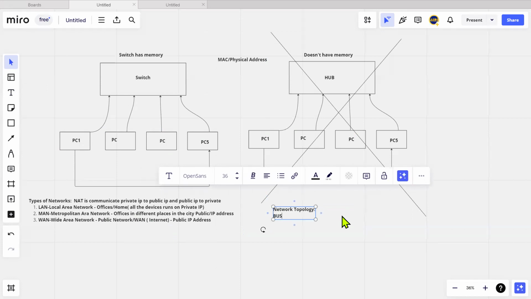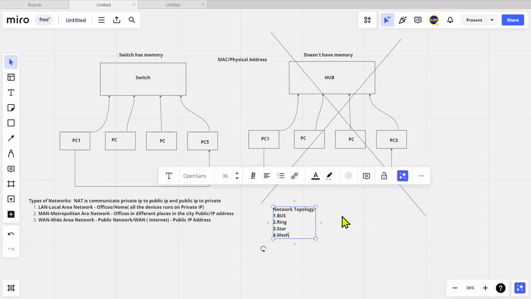We call them bus, and the second one is ring, the third one is star, and the fourth one is mesh.